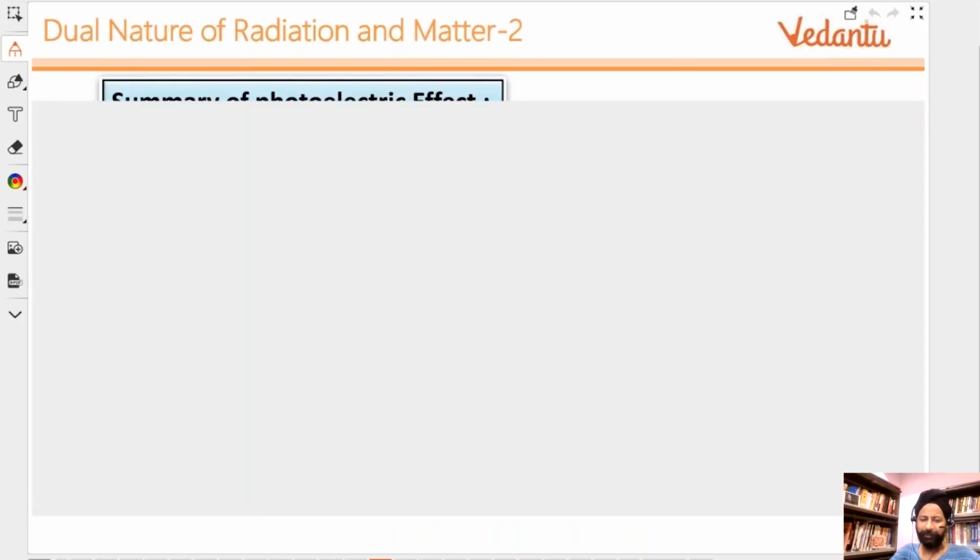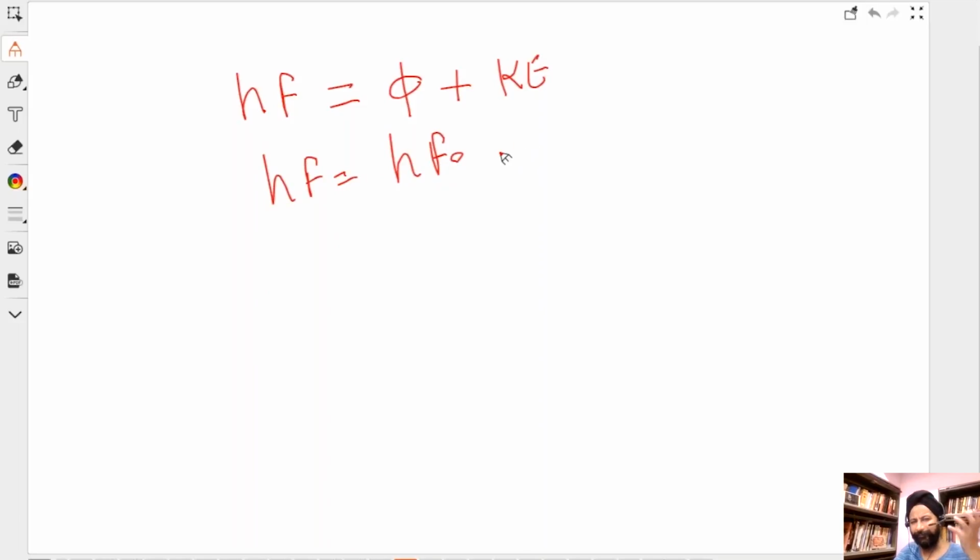This is the one and only equation that you have to master. Seriously: h times frequency is equal to work function plus kinetic energy. Work function itself can be written as h f naught, the cutoff frequency, plus kinetic energy.